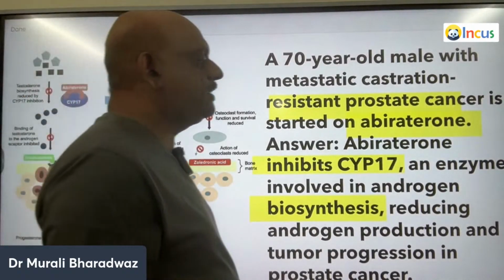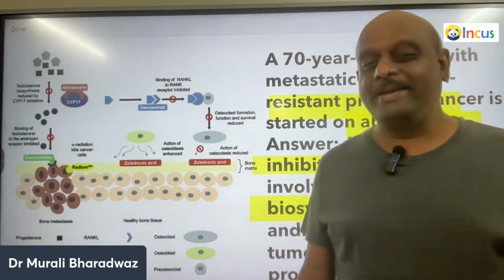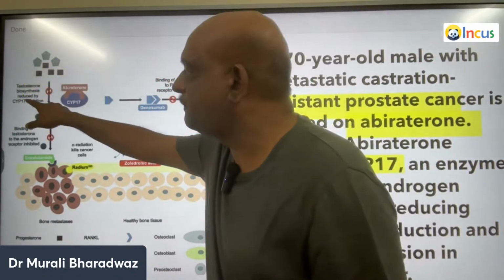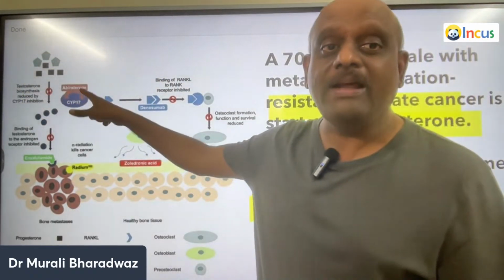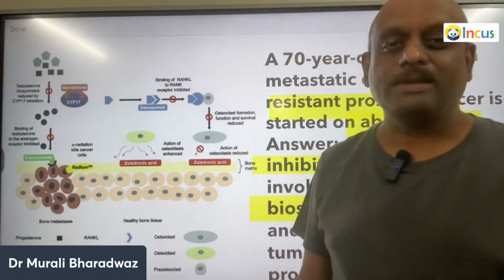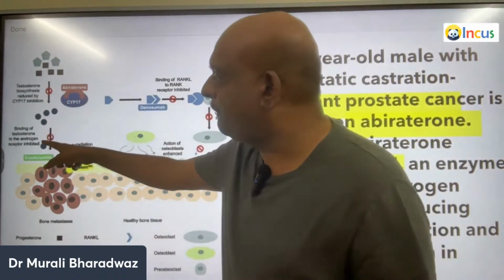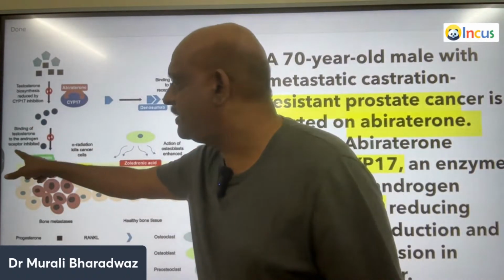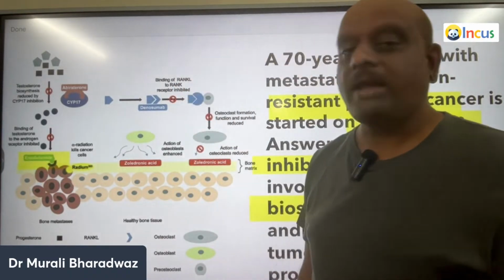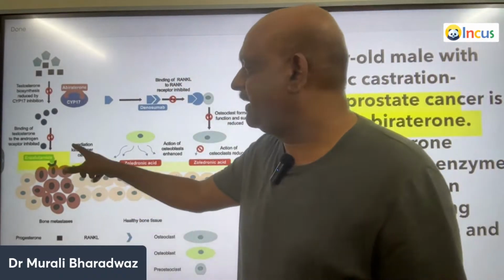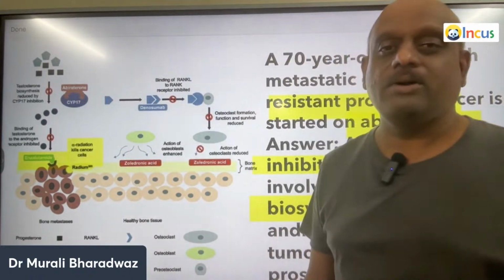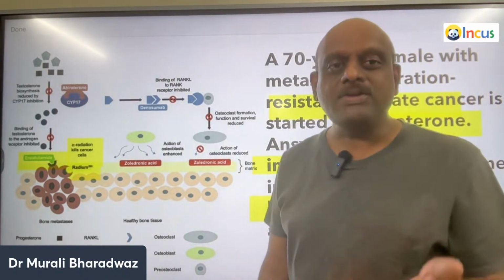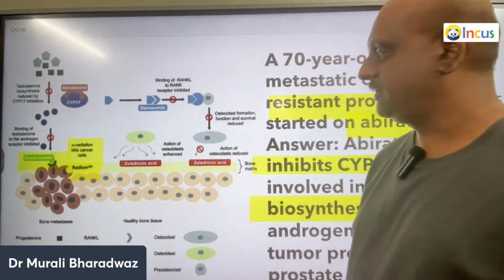So that is the mechanism of action of abiraterone, the drug that you need to remember. So testosterone synthesis is reduced by CYP17 inhibition by abiraterone. Then even if testosterone is produced, it can be prevented from binding to the androgen receptor. And what is that drug called? It is enzalutamide. Then there is alpha radiation of the cancer cells, which is done with radium-223. We are talking about the metastatic prostate cancer treatment options.